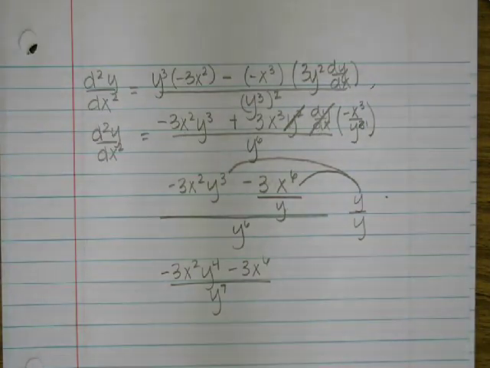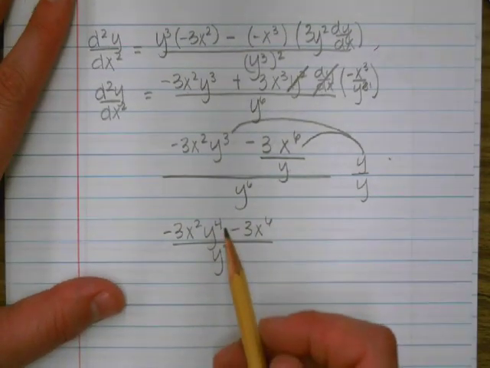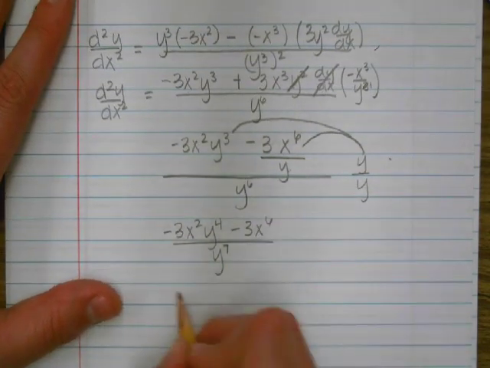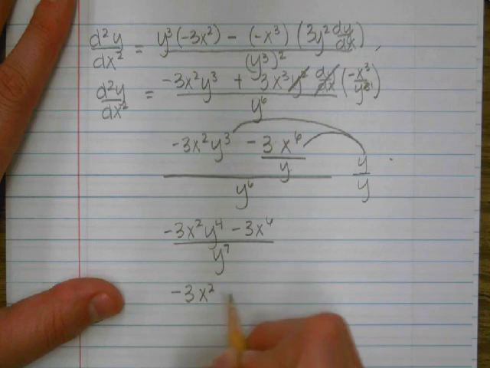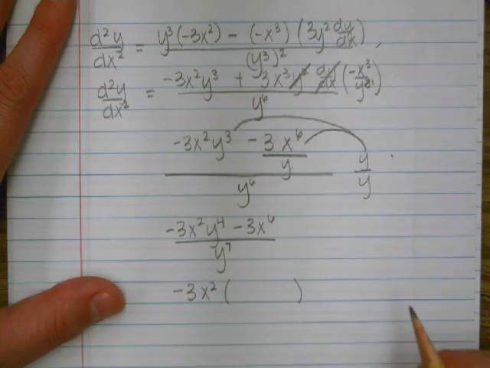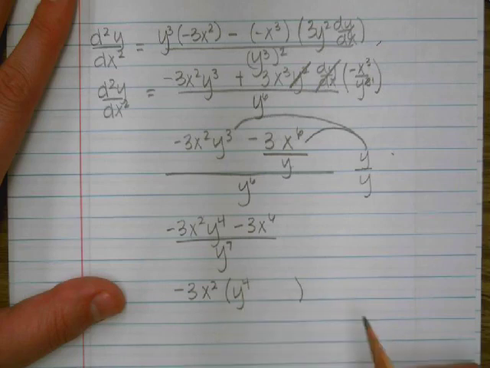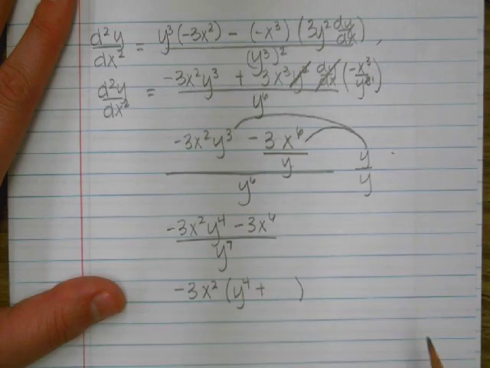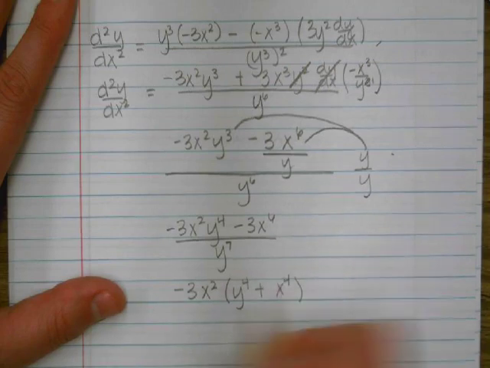Okay. So if you're looking at the top, you might notice there's a GCF in this problem. So I can see that negative 3 could divide out. And I can see that there's an x squared in both of those pieces. So I can go ahead and divide that out. And if you do that, you're left with y to the fourth plus, if I divide out the negative 3 and the x squared, I get x to the fourth.